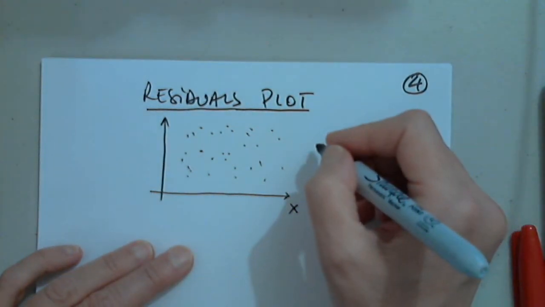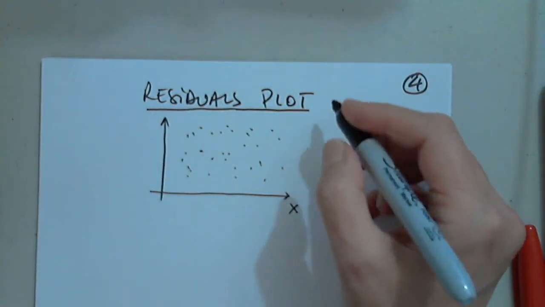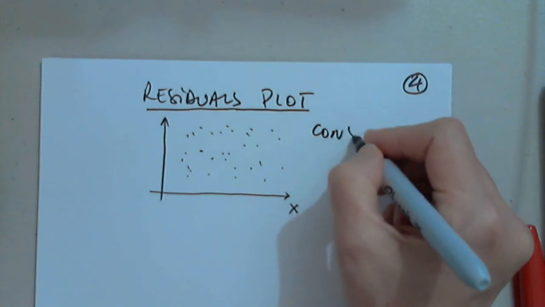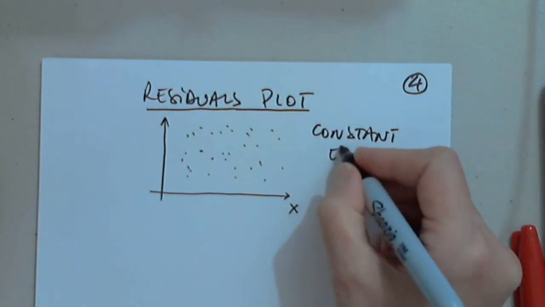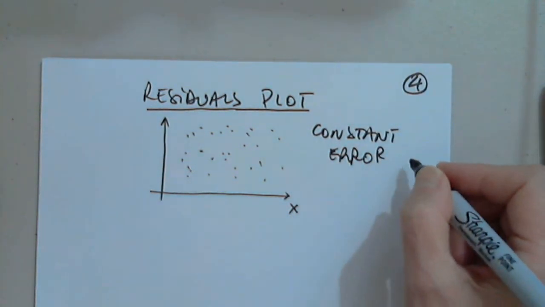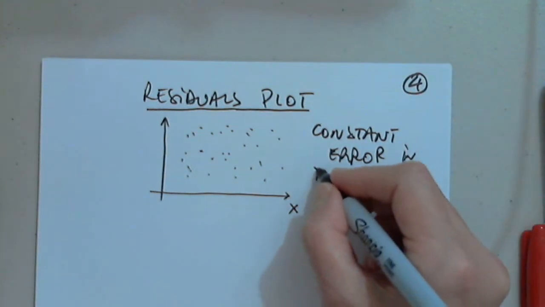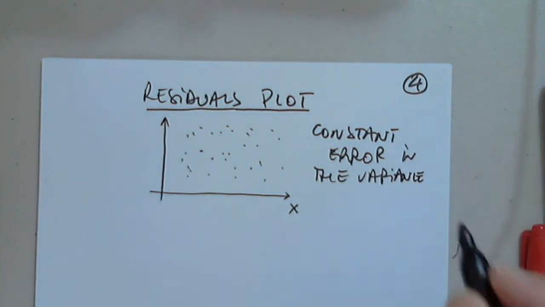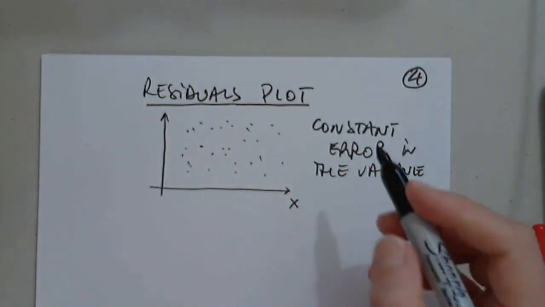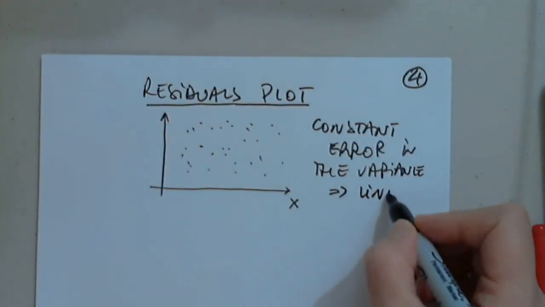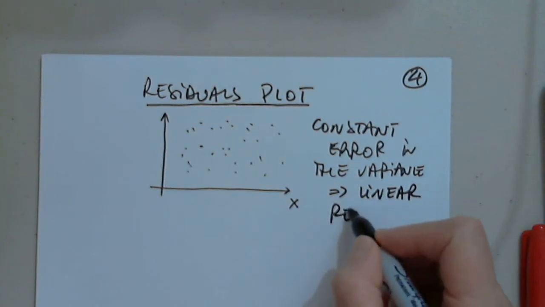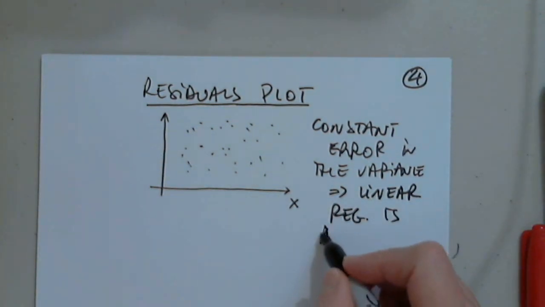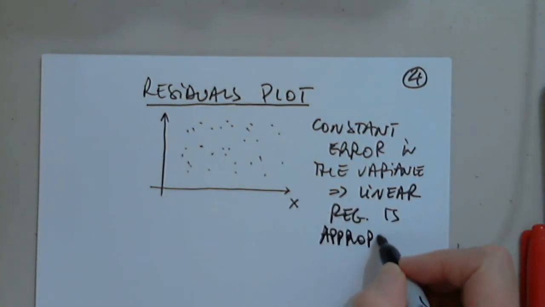This means that there is a constant error in the variance, which means the linear regression is appropriate.